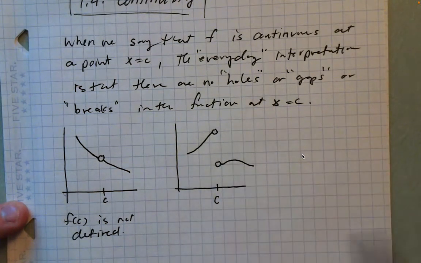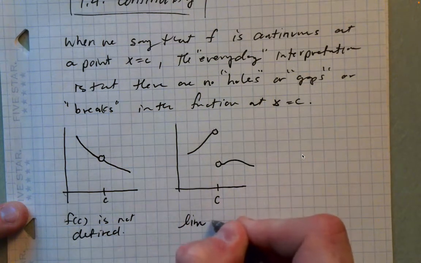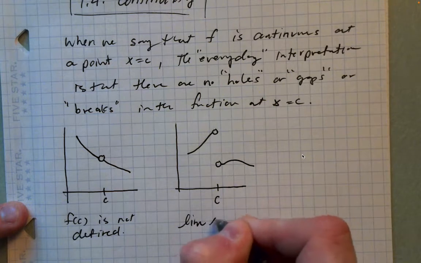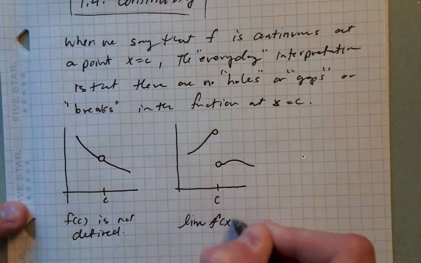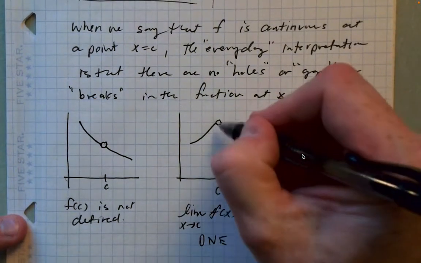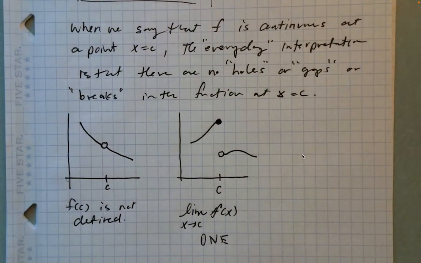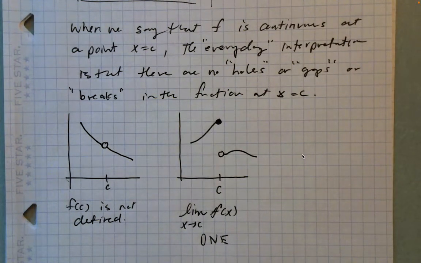There's no agreement on either side. The limit as x approaches c does not exist. And it could also be the case that the function is defined at c, but the limit doesn't exist.